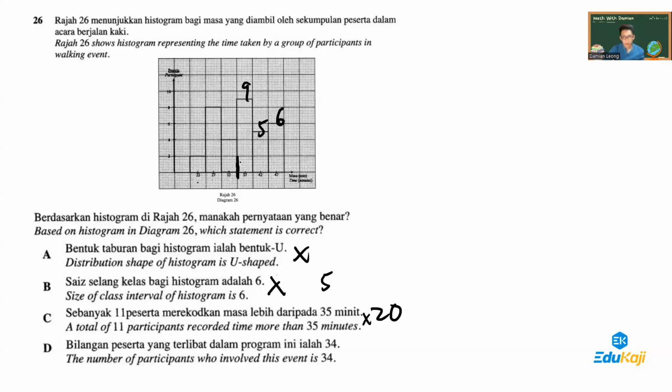And the number of participants involved in this event is 34. So 9, 5, 6, and here is 4, 8, 2. Add all together, 10, 20, 34. This is correct. So the answer is D.